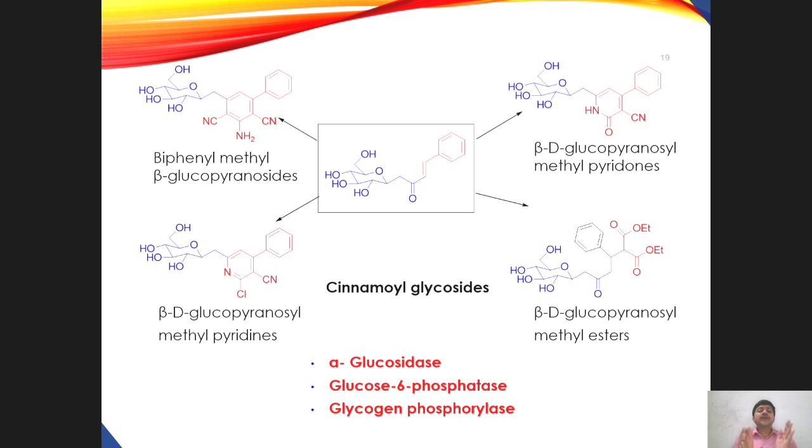Whatever slides we have seen here, in all the slides we have used different kinds of chemical molecules, right? All these chemical molecules were drawn by using the software called CHEMDRAW.